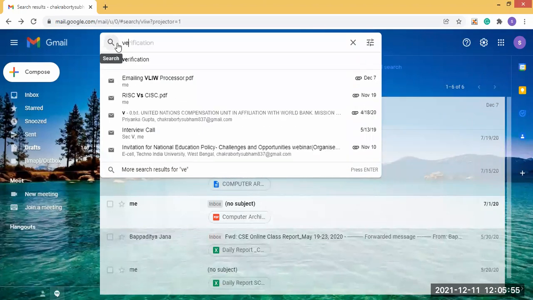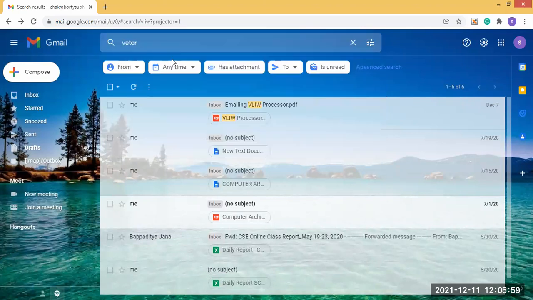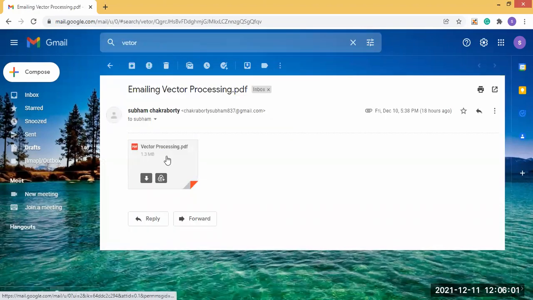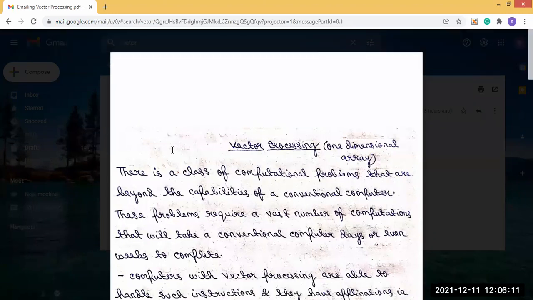Now today we will see another processor, that is vector processing. Vector processing is basically what? There is a class of computational problems that require a large number of calculations.